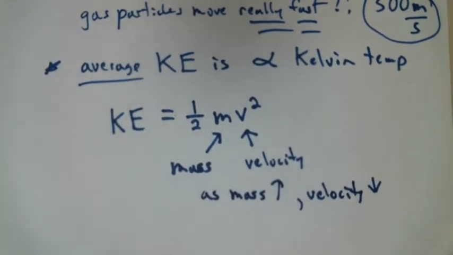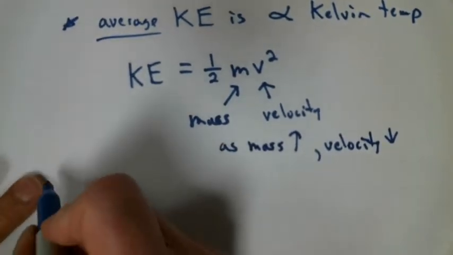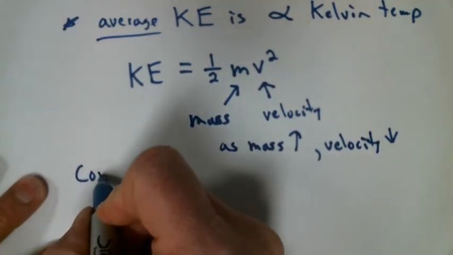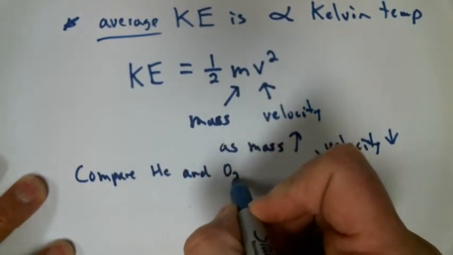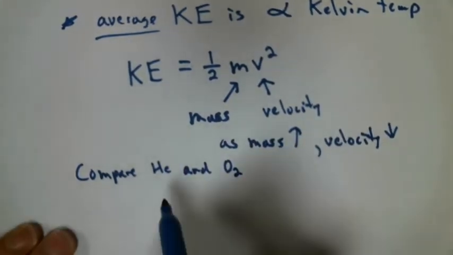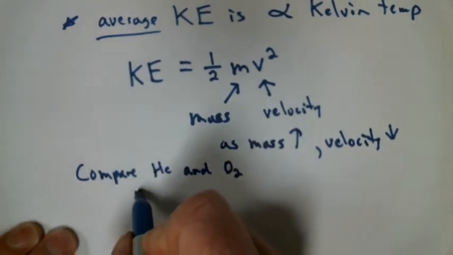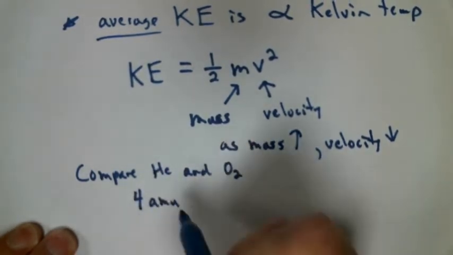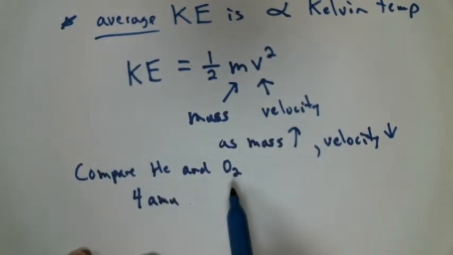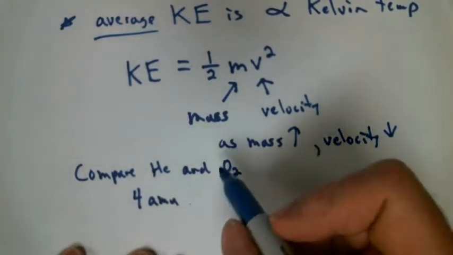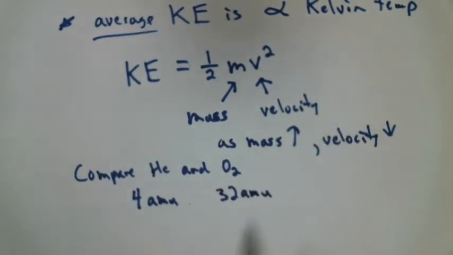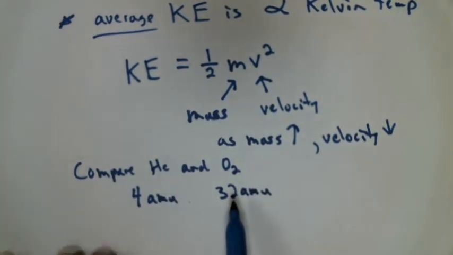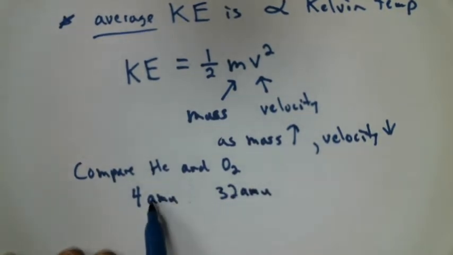So we could just compare, for instance, let's do helium and oxygen. Helium has an atomic mass of 4 AMU. Oxygen, if you look at oxygen atom 16, there's 2 of them, so that's 32. And so that means oxygen is going to be moving a lot slower than helium when they're in the same container together.